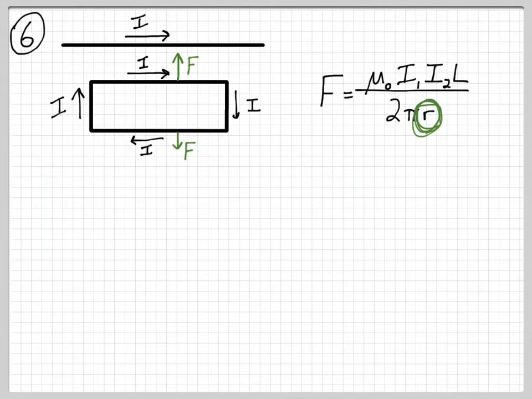So I know that the repulsive force on the bottom edge is weaker than the attractive force on the top edge. So in order to solve the problem, I would use the formula to calculate both of these two forces. I'll even give them names, F top and F bottom. But you can calculate both of those magnitudes.